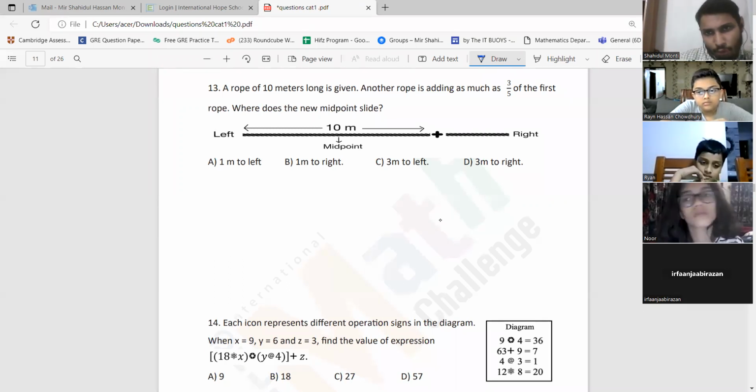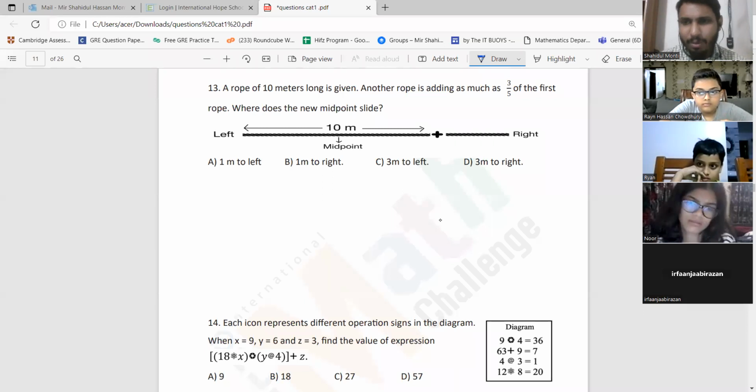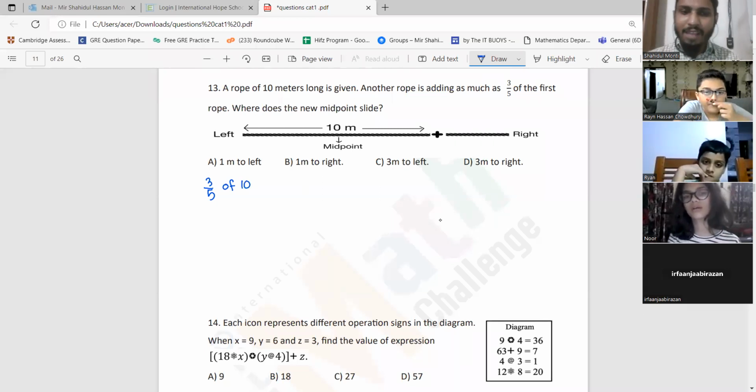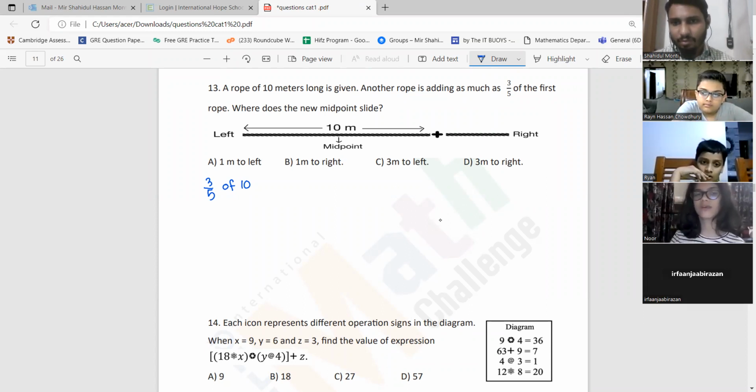Now, what is the meaning of 3/5? 3/5 means it's a fraction. 3/5 of the first rope. It's 3 parts of a whole number that's divided into 5 parts.